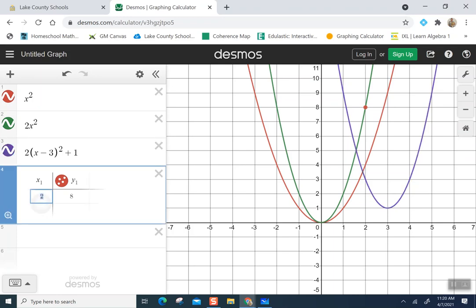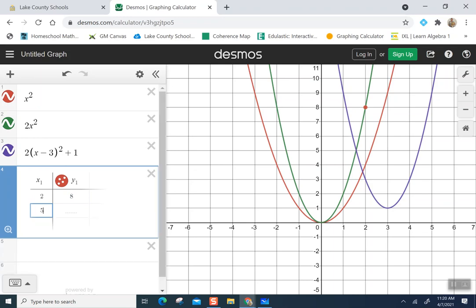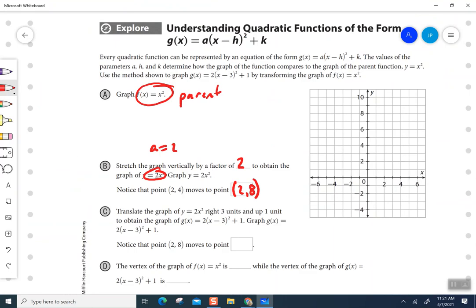So I'm going to come over here and confirm that it's sitting at (5, 9). So let's do 5, 9, and sure enough, there it is. So I'm going to come back and say this one moved to the ordered pair (5, 9). Now, how did that happen? Did you notice it said move 3 units to the right and 1 unit up?